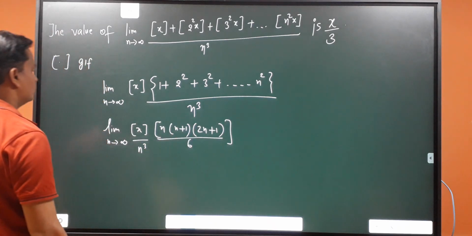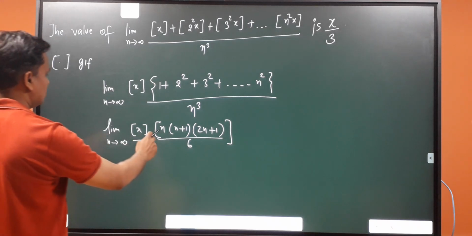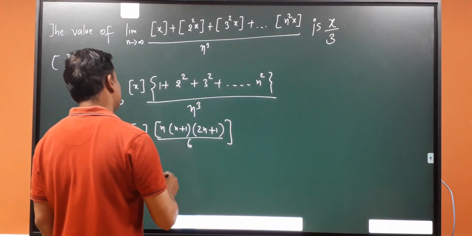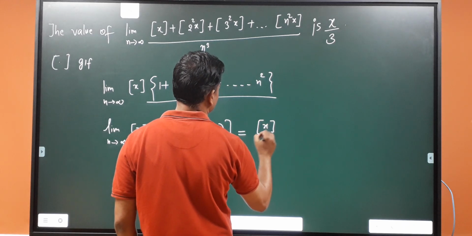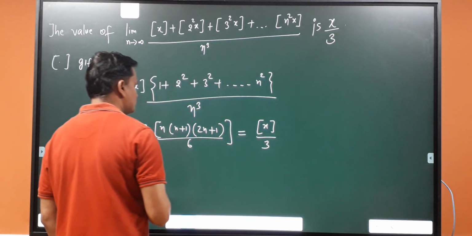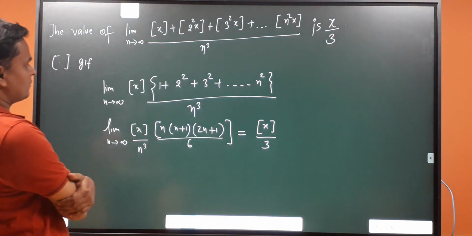So if it comes like this, then we may apply the limit and we may get the value as greatest integer function of x upon 3. Now see, the answer was not containing greatest integer function of x.